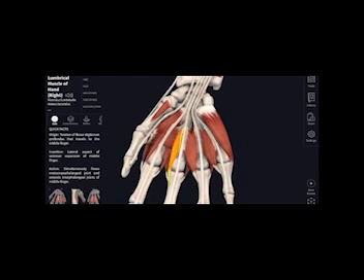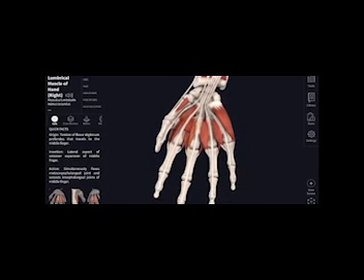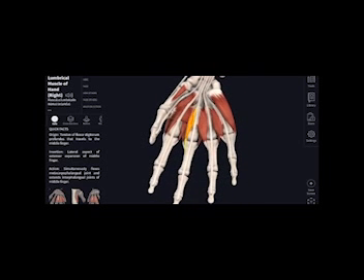This muscle originates from a tendon, the flexor digitorum profundus tendon. The flexor digitorum profundus muscle originates from the deepest layer of your anterior forearm, and then the tendon comes down and inserts to the distal phalanx, as we can see right here. The lumbrical originates from the tendon and then inserts to the lateral side of the proximal phalanx.